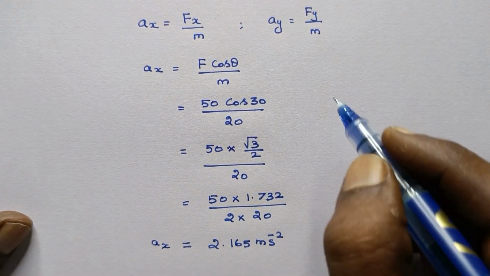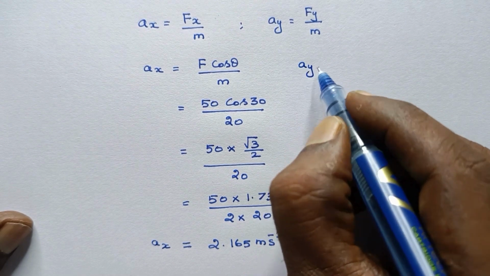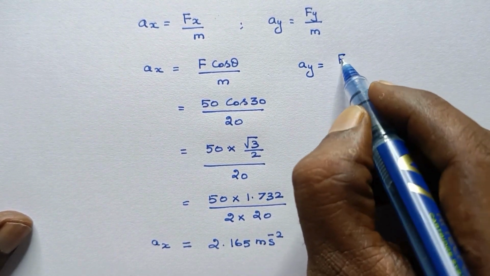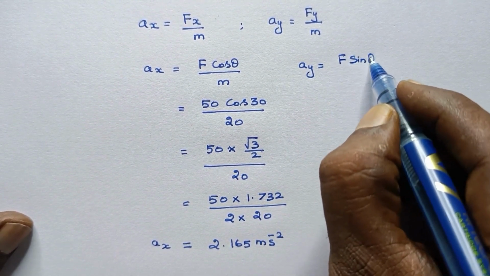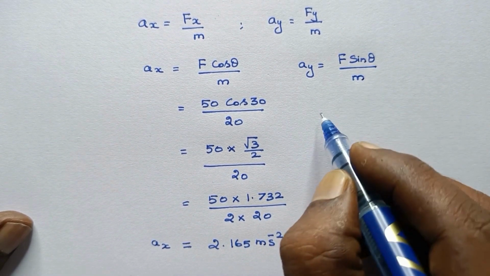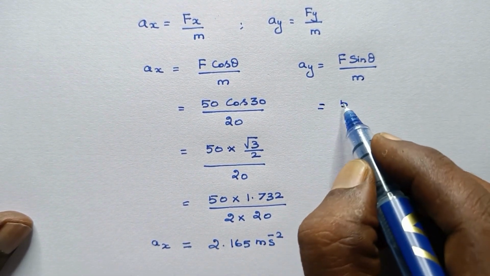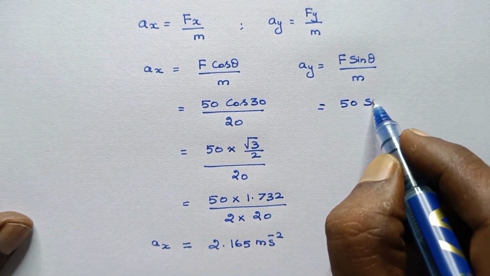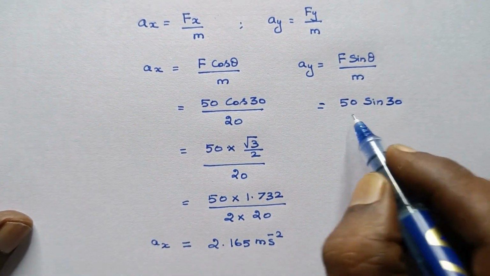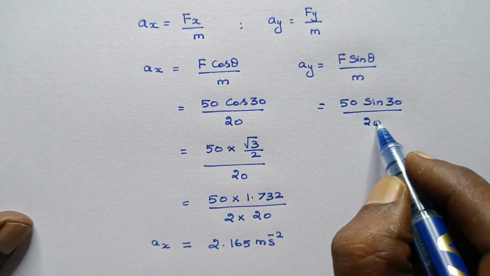Similarly, we can find the value of Ay. Ay is equal to F sin theta by m. The value of F is 50 sin 30 degree by 20.